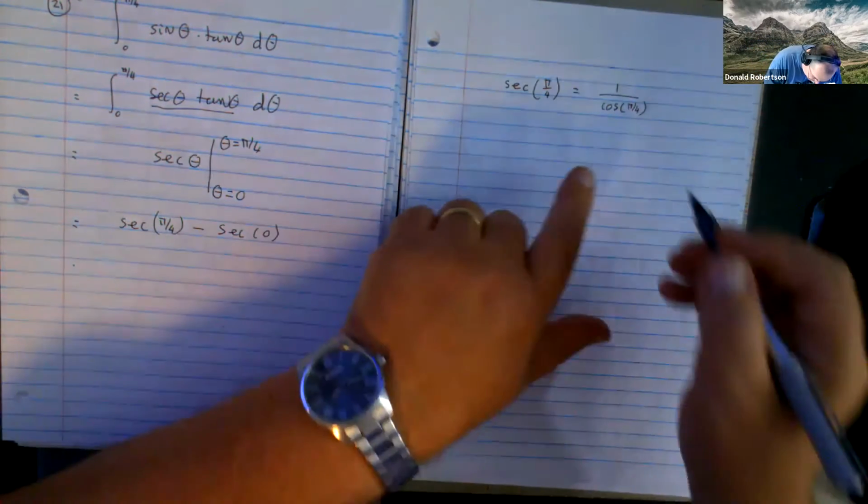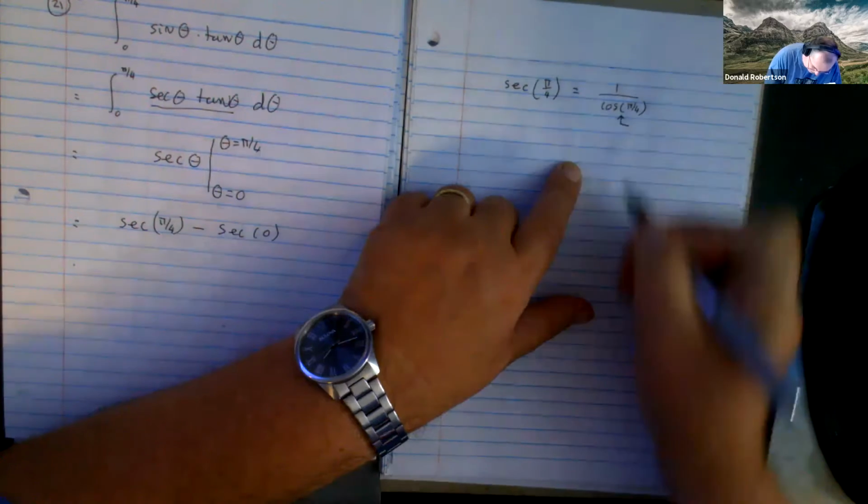What's a cosecant the same thing as then? 1 over sine. Right, a cotangent. Cosine over sine, which, yes, is correct. It's also 1 over tangent.